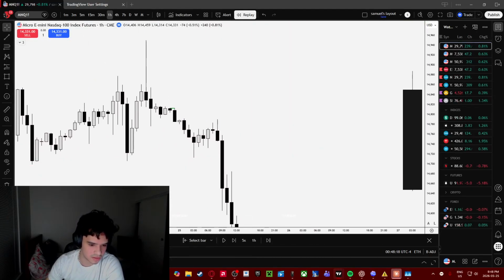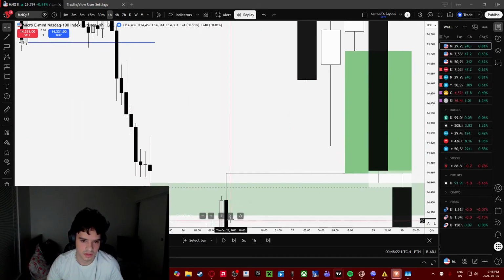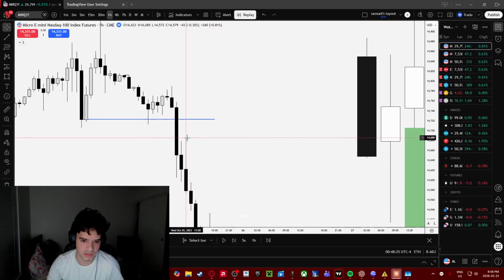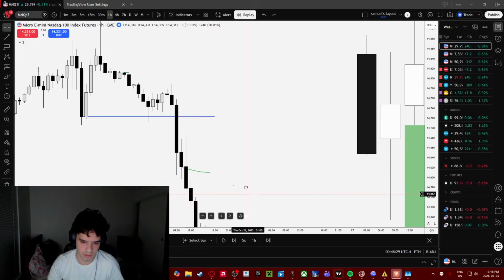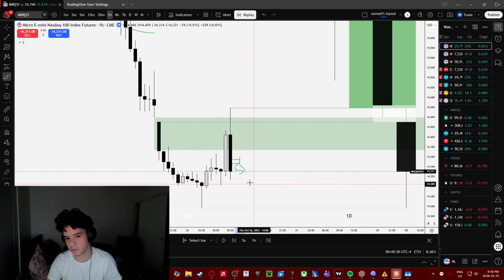What you want to see is this change of state of delivery, and then a point of interest to be tapped into. So the open of the following candle, you want it to trade higher into an inefficiency to then create a high, a reversal, and then another CISD: propulsion block, order block, CISD, order block, same thing, propulsion block, the order block following another order block.